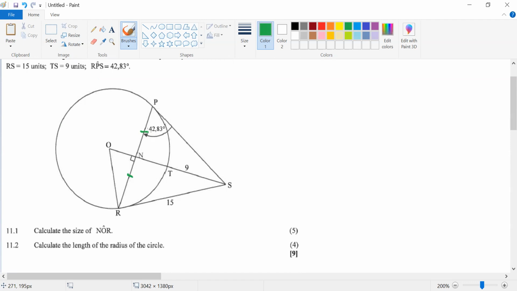And if we look at the first question, they're telling us to calculate the size of angle NOR. So if we had to identify angle NOR, they're asking us to determine this angle right there. So can you tell me how you would approach solving this angle now? Based on all the information given to you, tell me what you're going to try and look for.